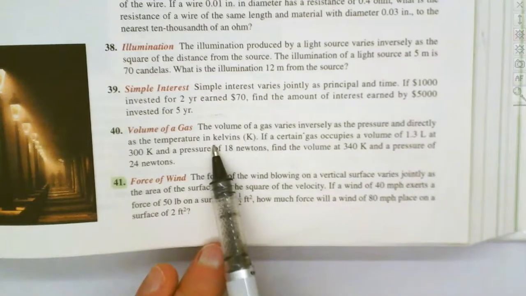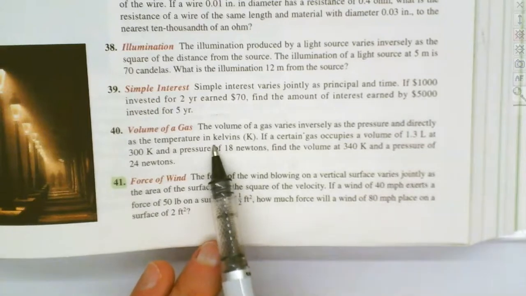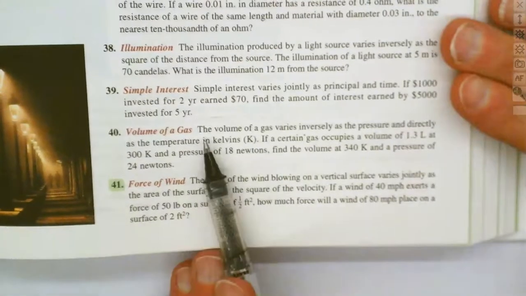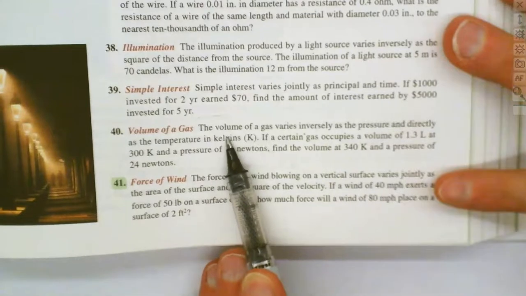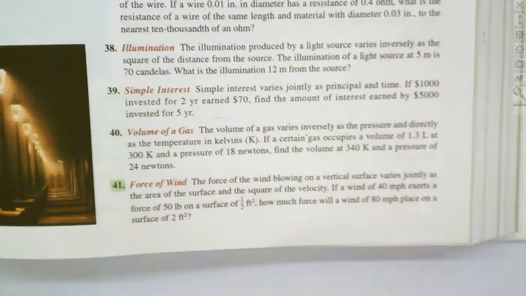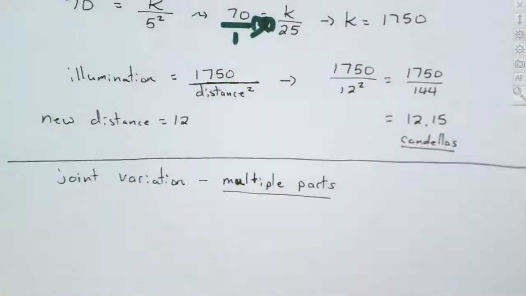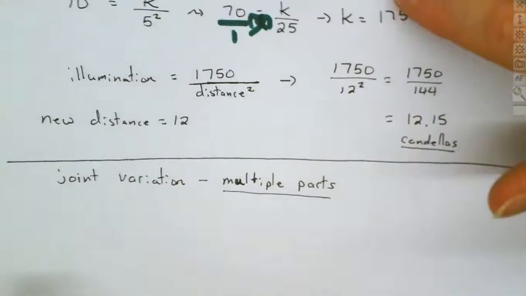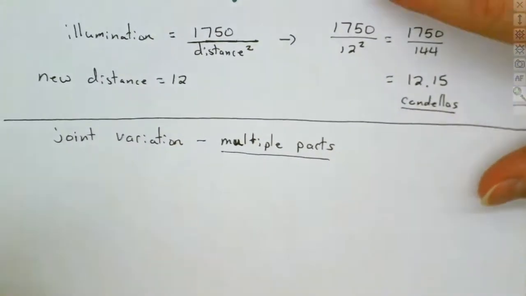As temperature goes up, pressure in the car tires goes up, right? When it gets really cold out, what happens to the tire pressure in the car? It goes down. That's why you have to check your tire pressure all the time. Right? One changes the other. So let's make sure we have this set up correctly. Volume of the gas inversely as the pressure, directly as the temperature. So we're talking about joint variation because this has multiple parts.